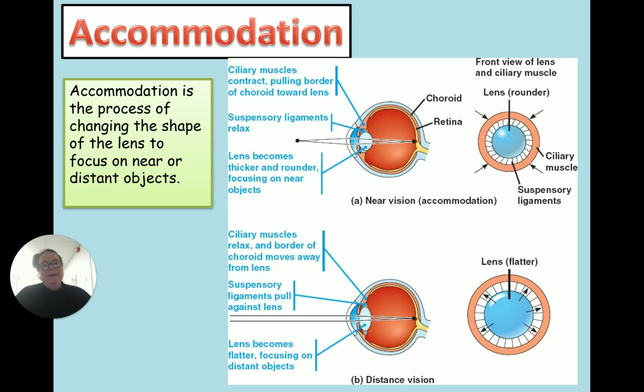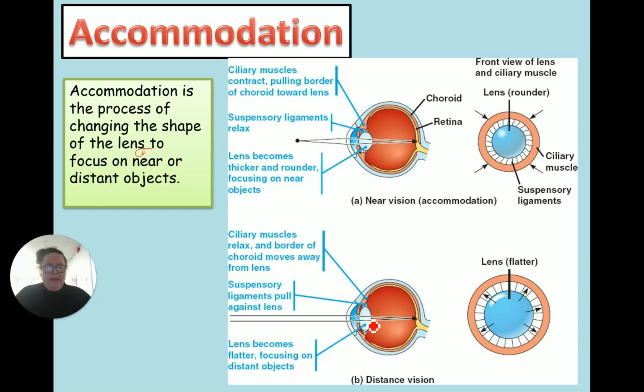Accommodation. Now, not accommodation as in your house or your flat. This is just showing us how the lenses change shape. So let's have a look. This lens here is short and fat.